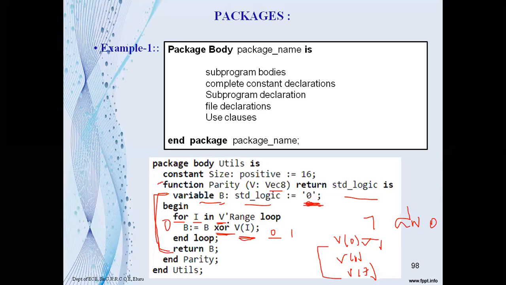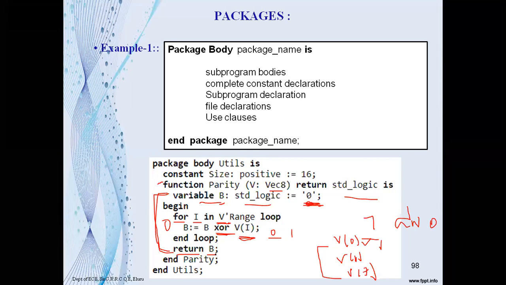What is v range? It is 7 down to 0. Therefore the loop will be repeated 8 times, and after the 8th time it is executed, it will come out of the loop and return the value of b.